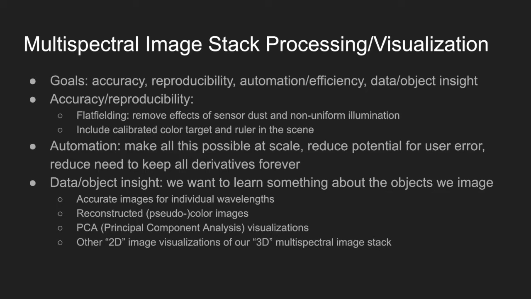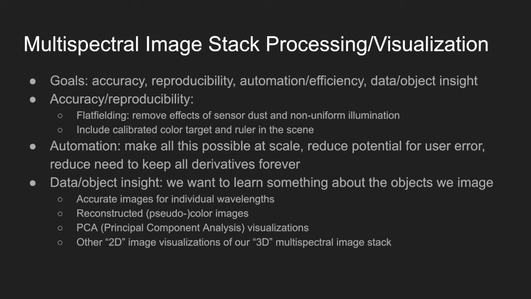So data objects insight, we want to learn something about the objects we image. So for that, we need accurate images for individual wavelengths, but we can also see things on individual wavelengths that we might not see in a color image. So for example, obviously UV or infrared, individual wavelengths there, just that image without any advanced visualization or use of the entire stack, just a single wavelength image can give you insight into the object.